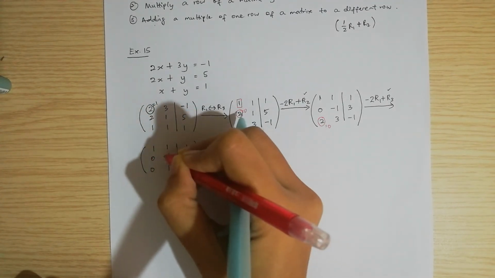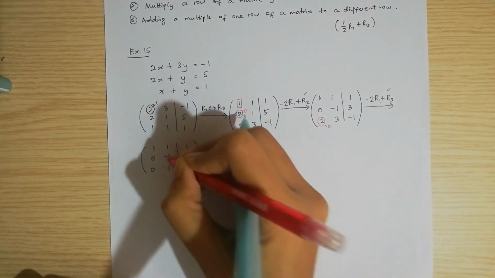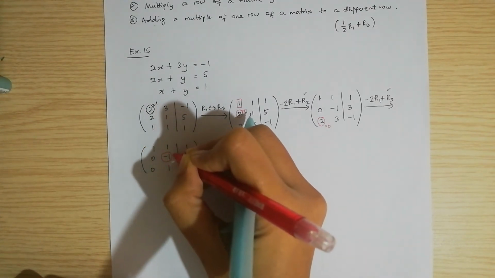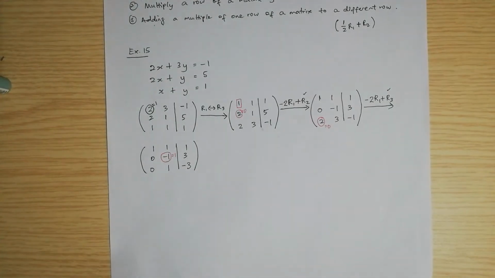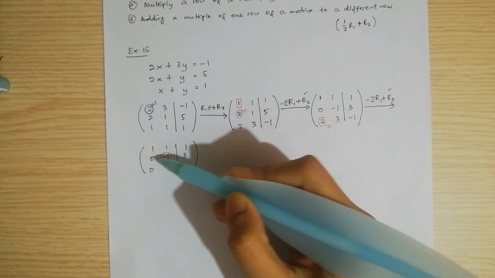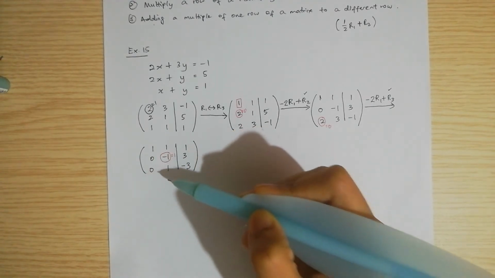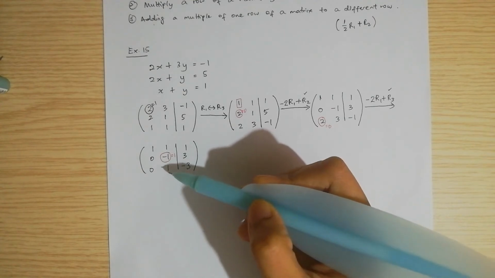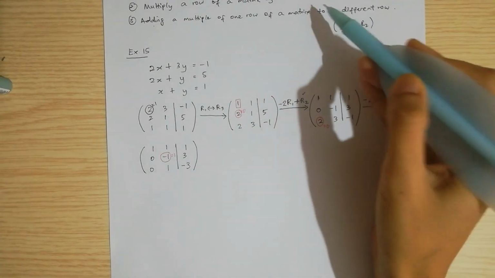Now the second row should be in diagonal form. So the next one to change is this one. So we want to change this to 1. Again, there are two methods to change here. If you have other rows below that row with a value of 1, you can just interchange. If not, you can multiply by a non-zero number.